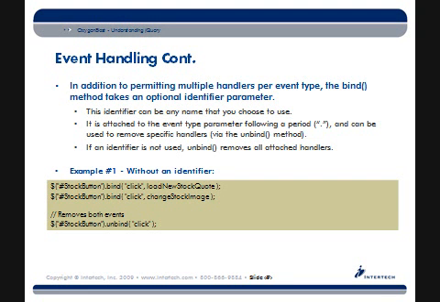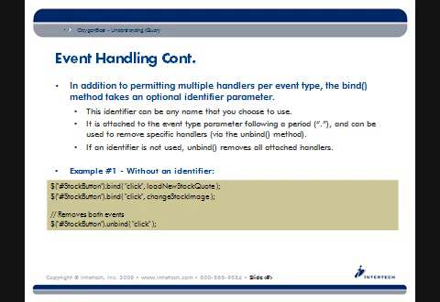So without an identifier, I have what we just saw here. I have my click, and I add load new stock quote, and I add another click event handler, and that one goes to change stock image. As soon as I call the method unbind, which is going to remove the event handlers for a particular event for a particular element, what is it going to do? Well, it's going to get rid of both of those event handlers, and that may be exactly what you want.